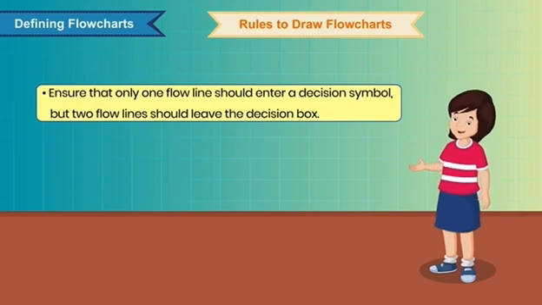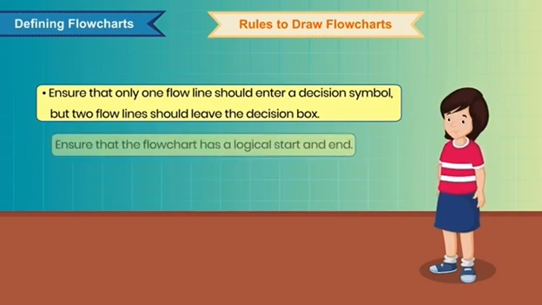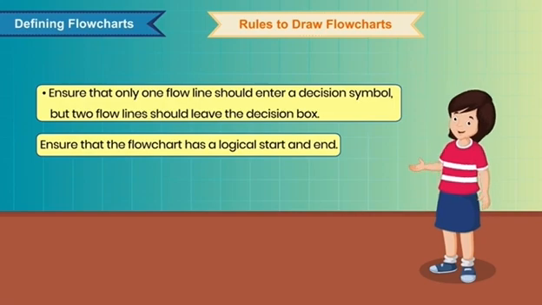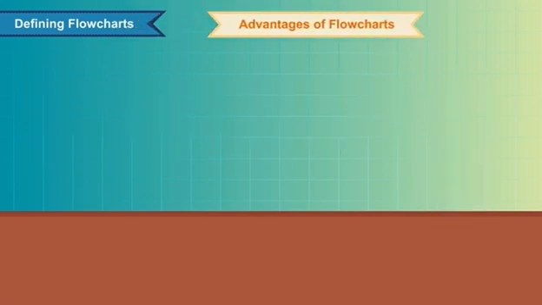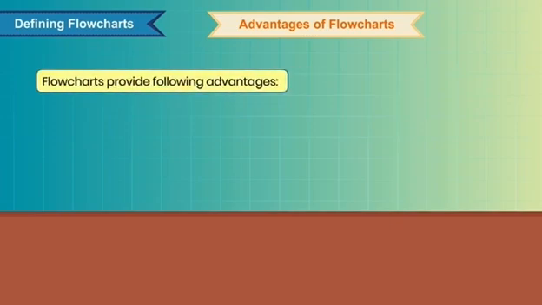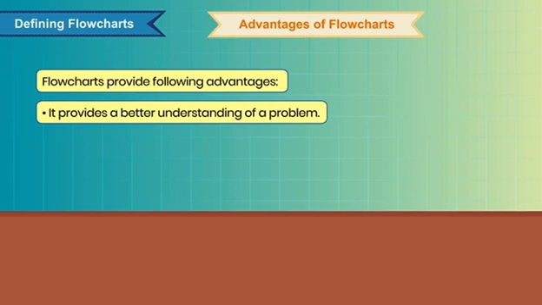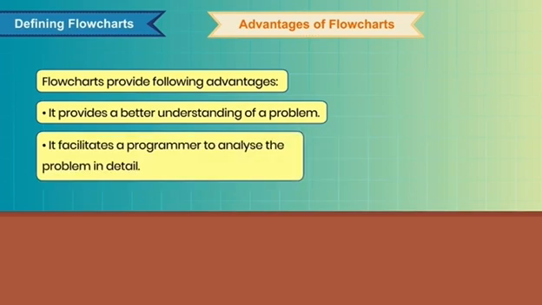Ensure that only one flow line should enter a decision symbol, but two flow lines should leave the decision box. Ensure that the flowchart has a logical start and end. Advantages of flowcharts. Flowcharts provide following advantages. It provides a better understanding of a problem. It facilitates a programmer to analyze the problem in detail.